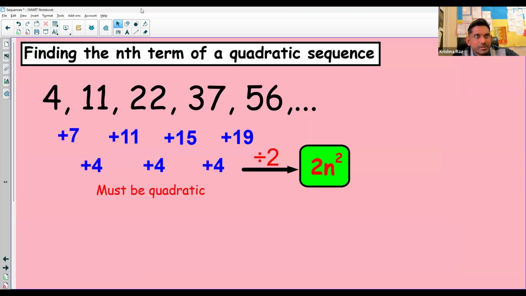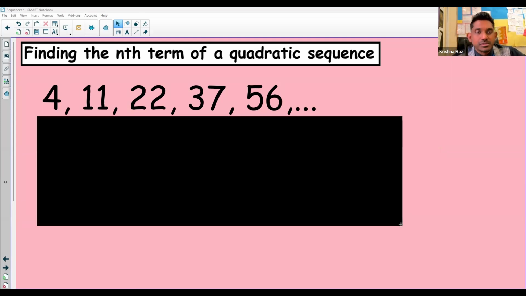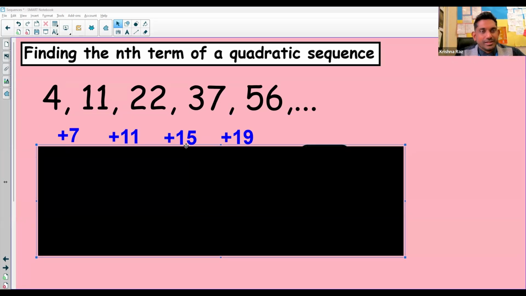Let's go. So let me get rid of that bit of answer that is in the way. Imagine we were given this sequence and we'd be asked to find the quadratic sequence. The difference between this and a linear sequence is, if we find the first difference, it's not the same.